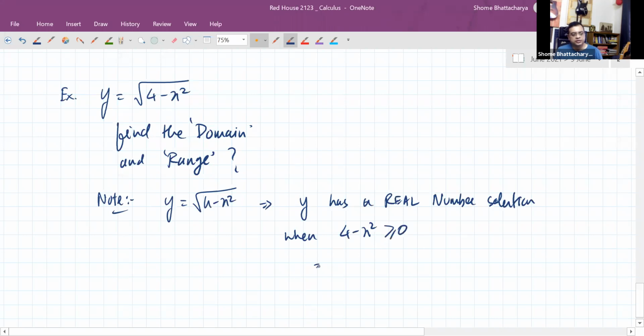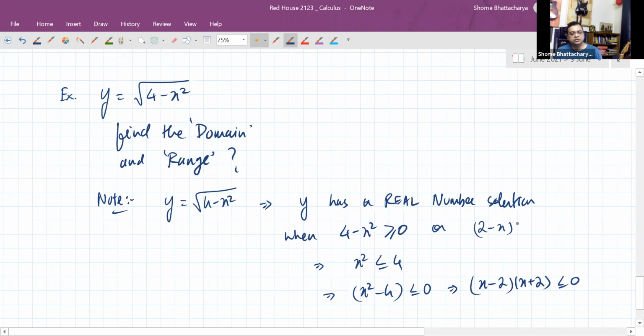So that means x square is less than equal to 4, or x square minus 4 is less than equal to 0, or x minus 2 into x plus 2 is less than equal to 0. Or we can also say that 2 minus x into 2 plus x is greater than equal to 0. Either this or this, both are okay.